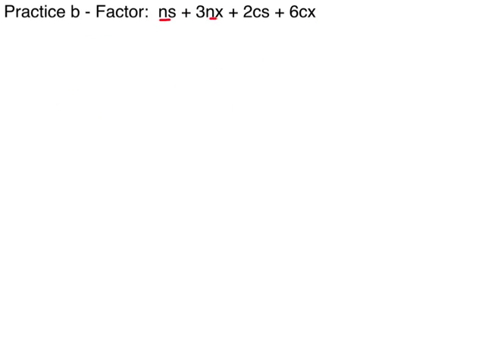In the first two terms I have an n in common, so I'm going to take that out, and I'm left with s plus 3x. In the second two, I have a c in common, but I also have 2 in common.